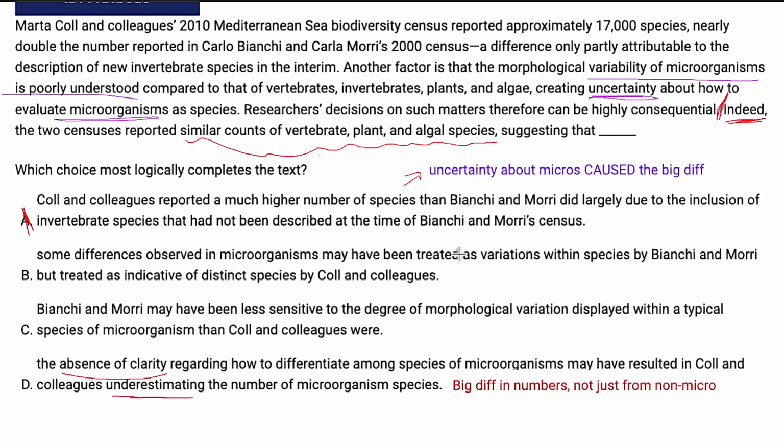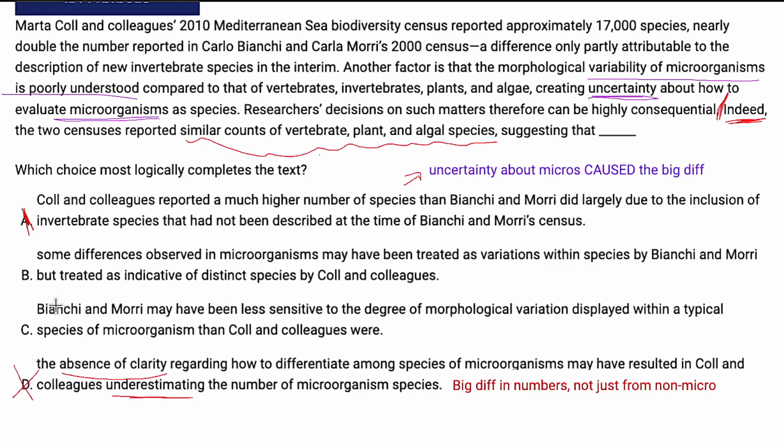There's no indication that either of these teams were making mistakes. The big picture is that there's uncertainty and scientists don't agree. To call it a mistake or an underestimation is making a judgment, and we don't want to make a judgment. We just want to say that different scientists are going to view these things differently because there's uncertainty and there's not an agreed upon way to evaluate these micros.